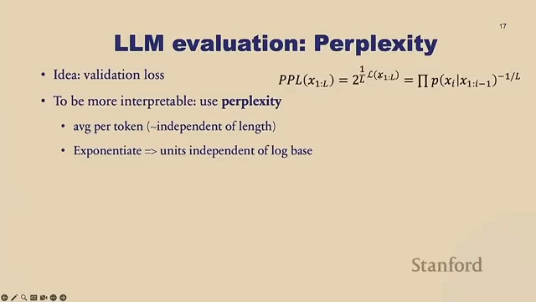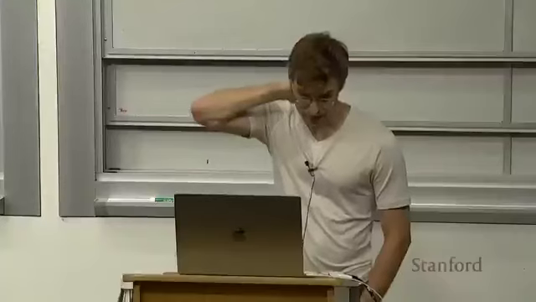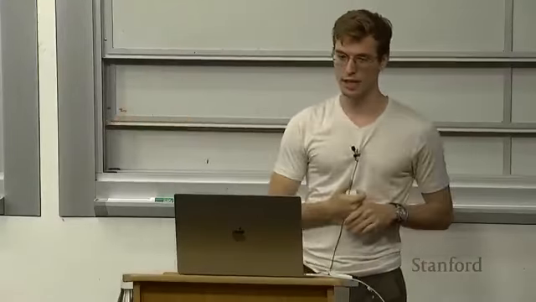While when you exponentiate, you basically have everything in the vocabulary size unit. And the average per token is just so that your perplexity is independent of the length of your sequence. So perplexity is just 2 to the power of the average of the loss of the sequence. Perplexity is between 1 and the length of the vocabulary of your tokenizer.